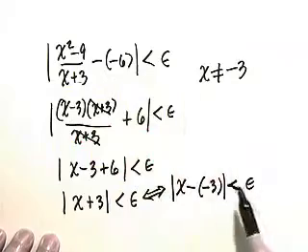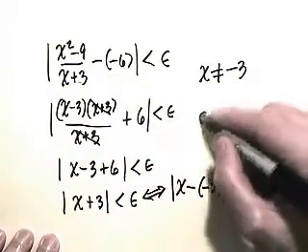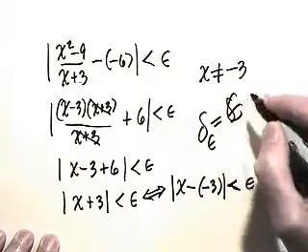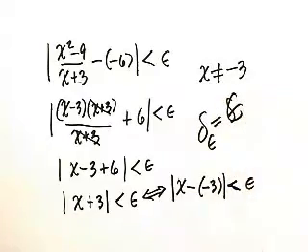Let's look at another problem where we prove a limit involving a trig function. Here we want to prove the limit as x approaches 0 of x times the quantity sine of 1 over x equals 0.